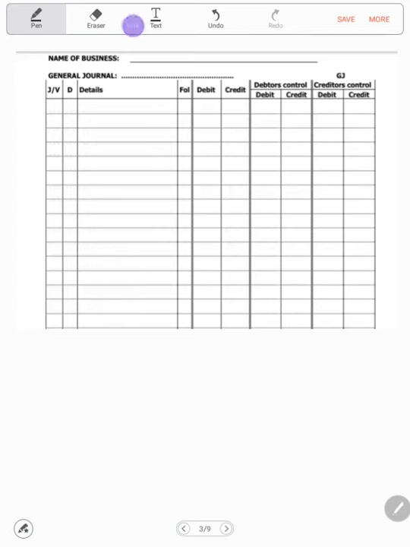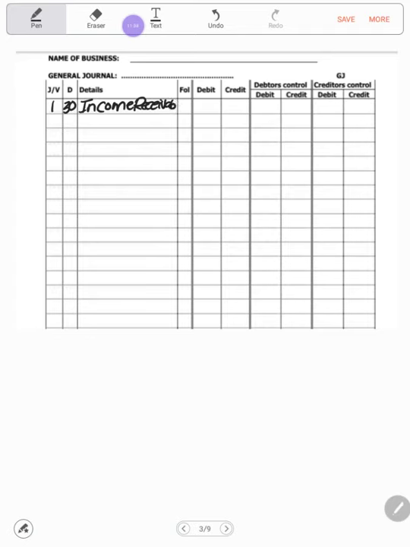Journal voucher number 1, and it will be the last date of the month, which is 30th of June. I am going to be posting the income receivable first, and you will see why. So the income receivable, remember what is income receivable? What type of account is your income receivable?